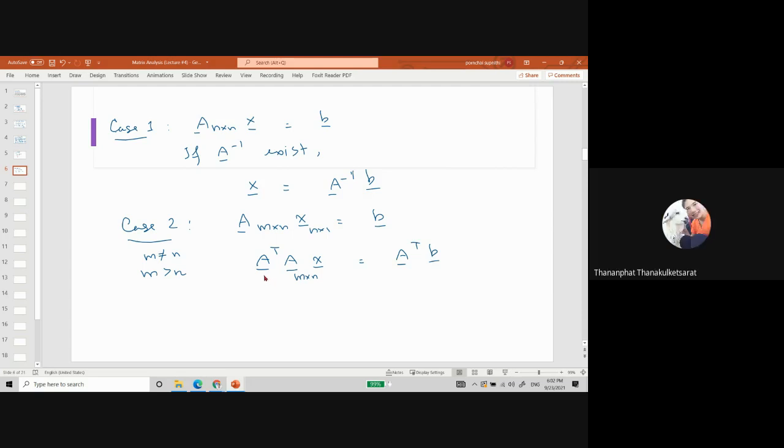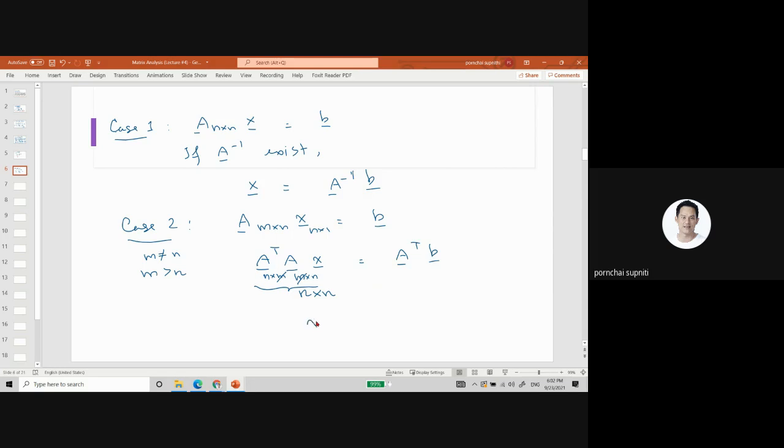A transpose is n by m. So when you multiply together, what do you get as the size? n by n. So I get n by n, right? Which is a square matrix, right?